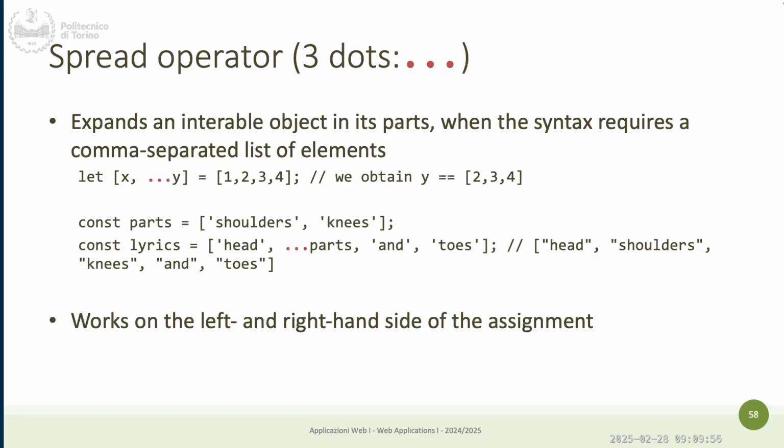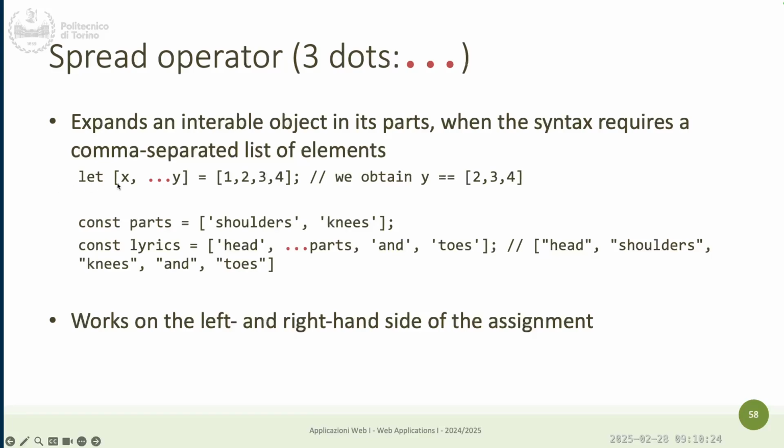Like I said, we have these spread operators that can be used in different contexts. So on the right-hand side, in an expression, on the value part of an assignment expression, it decomposes and extracts the elements of a structure and treats them individually. On the left-hand side, it will pack the elements into one single data structure.